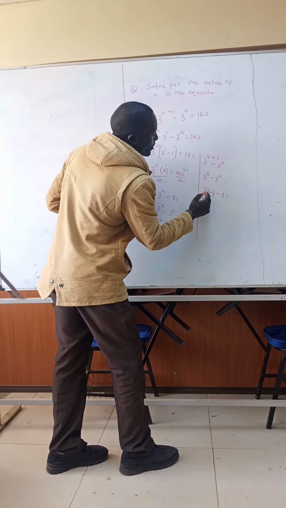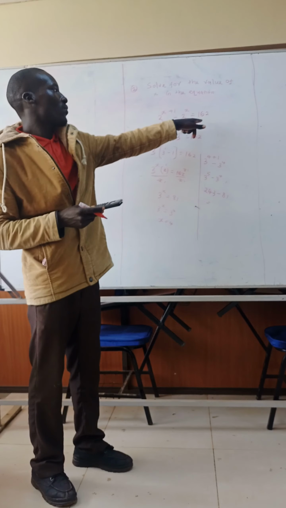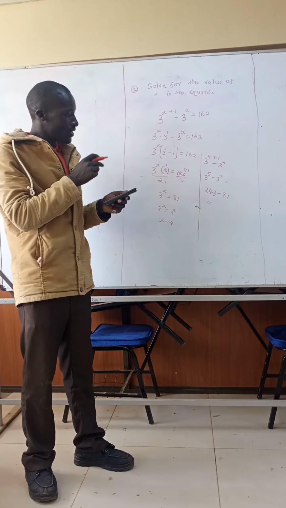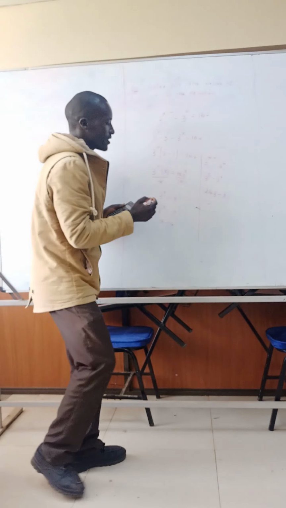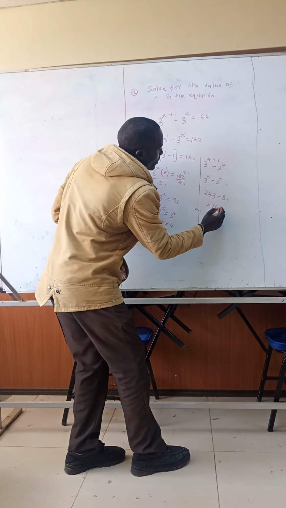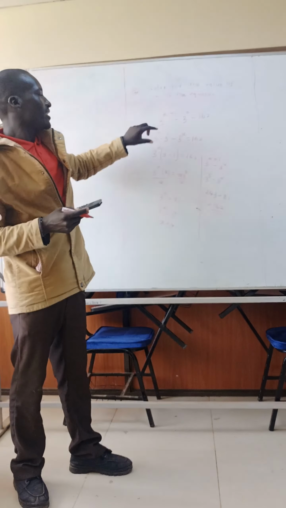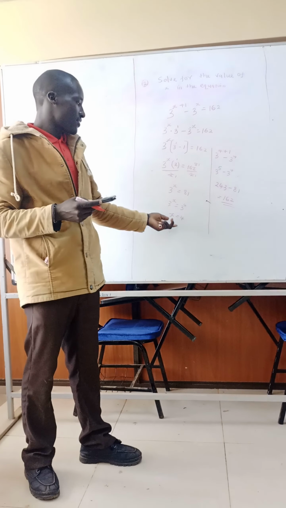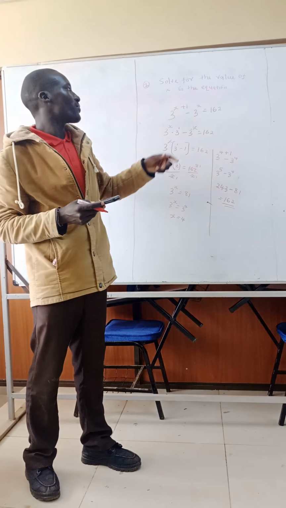So 243 minus 81. Let us see whether we will get 162. Now, if we subtract on our calculator, we shall get 162. So we have proceeded to prove that indeed the value of x is just 4. So that is how you can solve for the value of x in this equation.